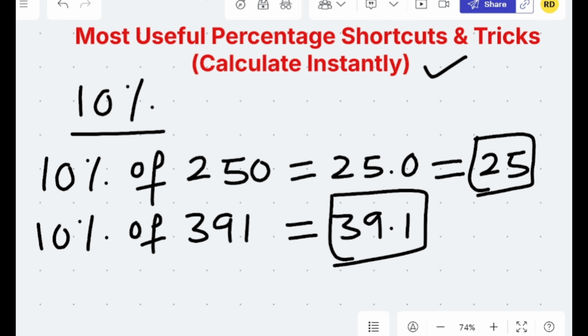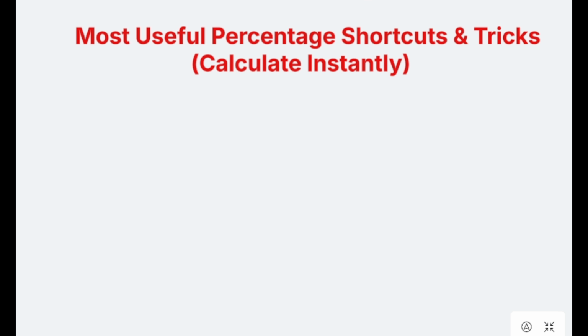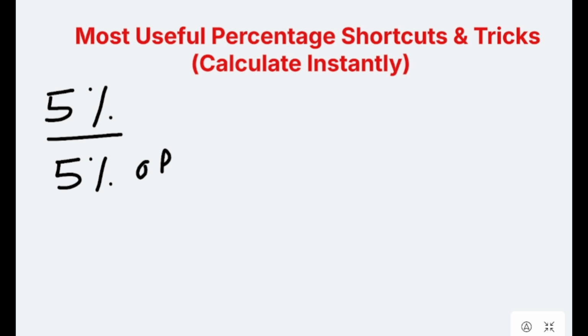Now let's learn the other trick. The other one is going to be finding 5%. Finding 5% of any number. Let's take an example. Say we are finding 5% of 300. What is the answer?